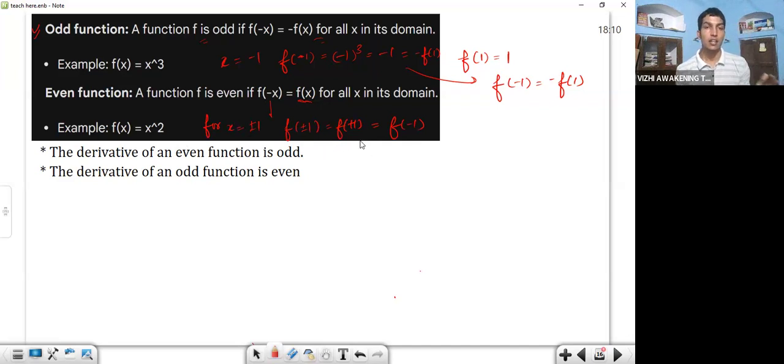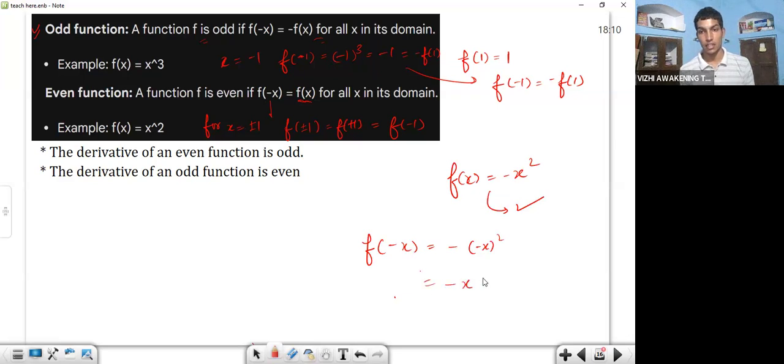It does not matter what sign the variable has, the function is just going to treat the variable in the same manner. I am not saying that there will always be a positive output of an even function, because f of x equal to minus of x square is also an even function. Why? When we put some negative value of x, then minus x square is again minus x square.